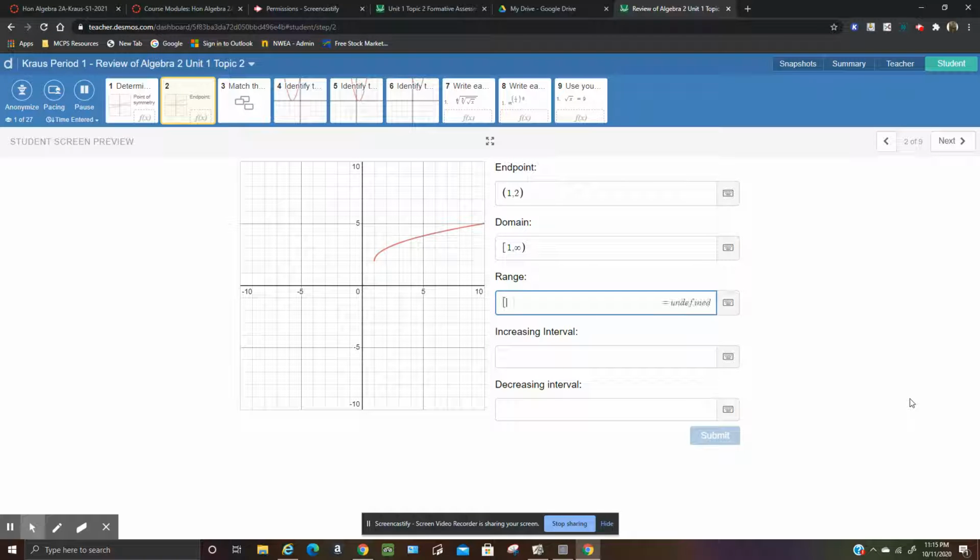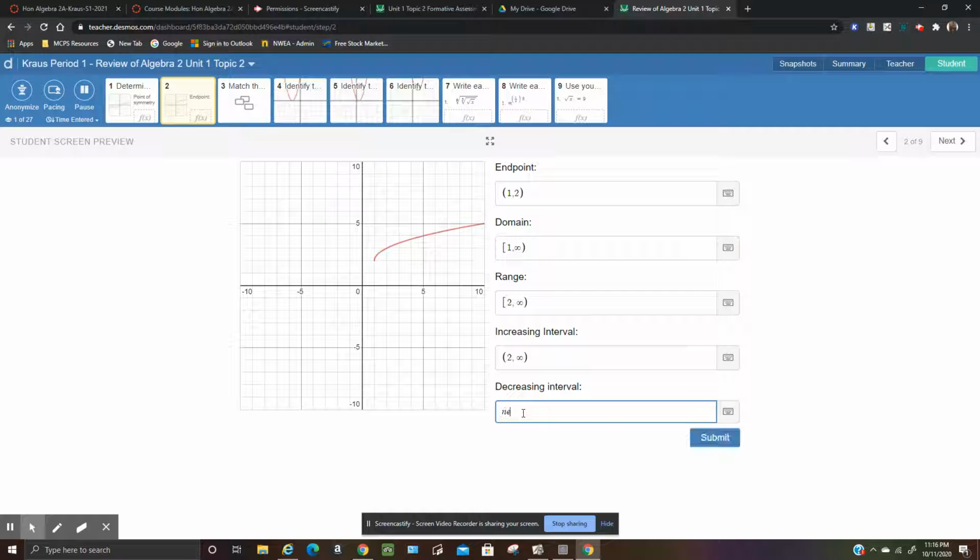So square bracket 2 comma infinity, increasing. So the answer keys on most of these put 2 comma infinity. If you put a square bracket, so mark that correct. Decreasing, this is never decreasing.